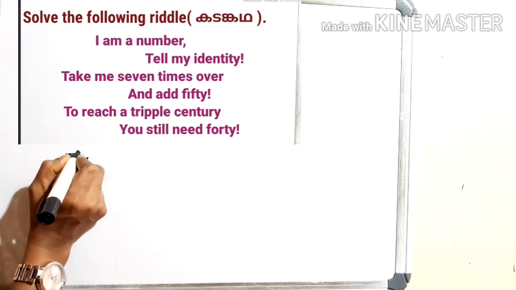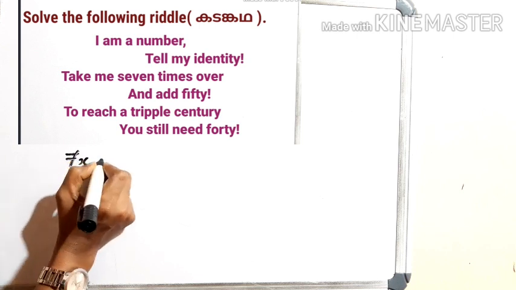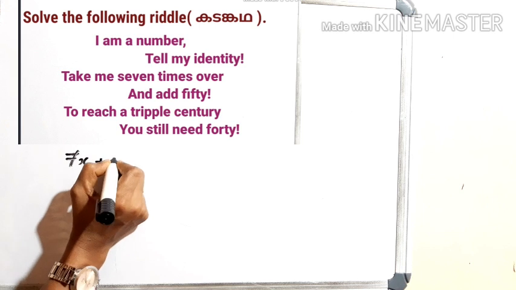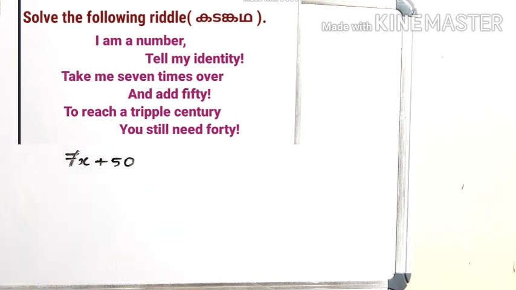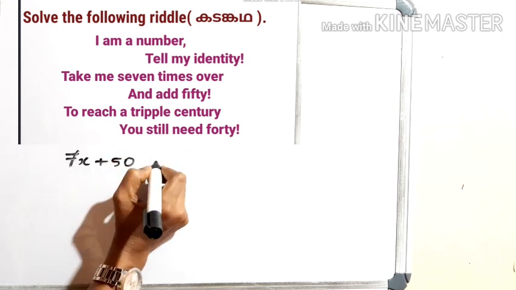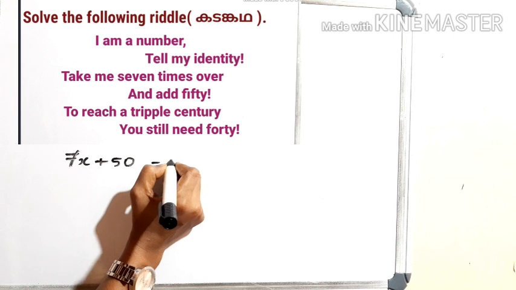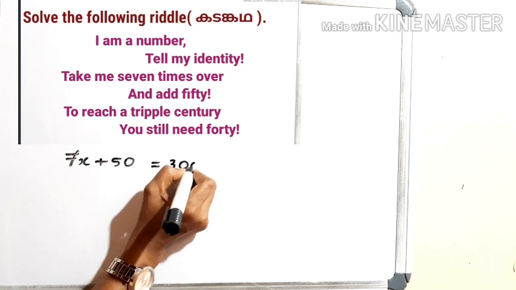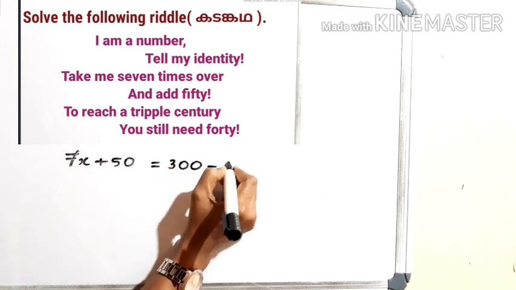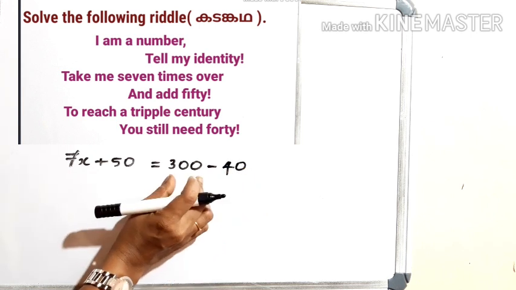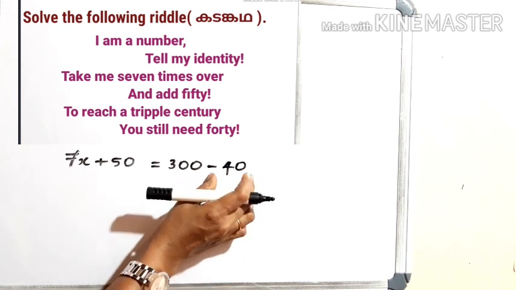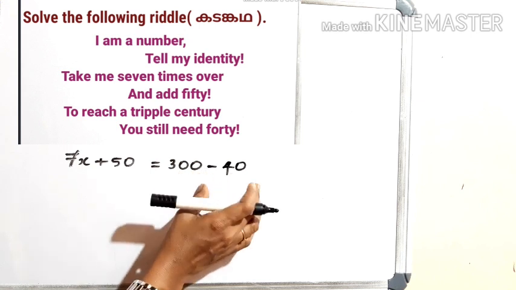And add a 50, plus 50. To reach a triple century, you still need 40, that means triple century 300 minus 40.